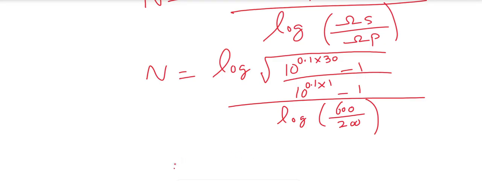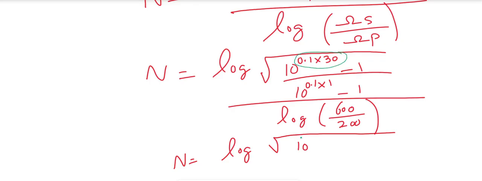So n is equal to log of the square root of 10 to the power 3 minus 1 by 10 to the power 0.1 minus 1.